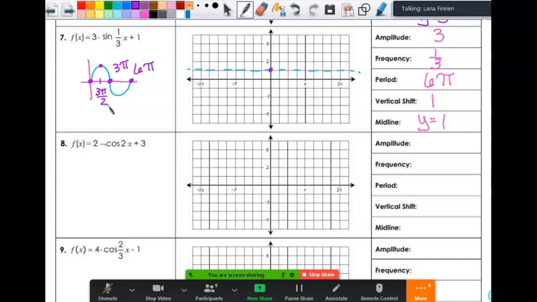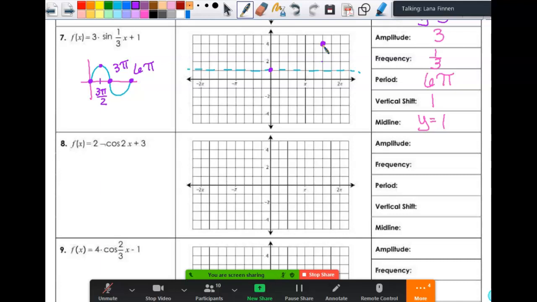So I can go to 3 pi halves, and if you think about the unit circle, before I even do anything here, you start at 0, you go to pi halves, then 3 pi halves, then 2 pi, right? So 3 pi halves is halfway between pi and 2 pi, and so I would normally be at 1. From the midline, since my amplitude is 3, I go up 1, 2, 3.